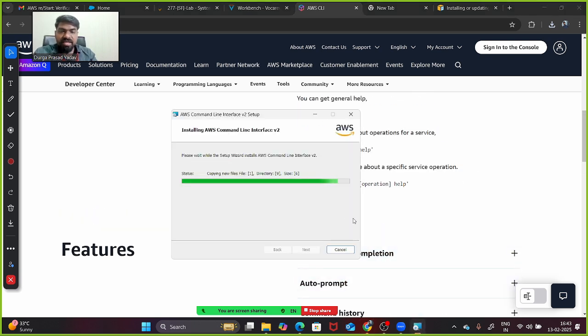Once it gets installed, it is about to complete now. Let's wait a few more seconds, and then I'll show you one or two commands, and after that we will start tomorrow, and we will be performing some new labs tomorrow by using AWS CLI.